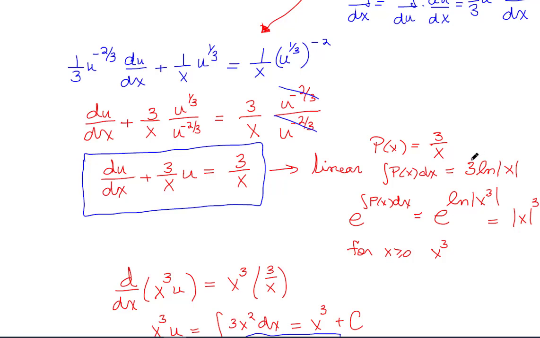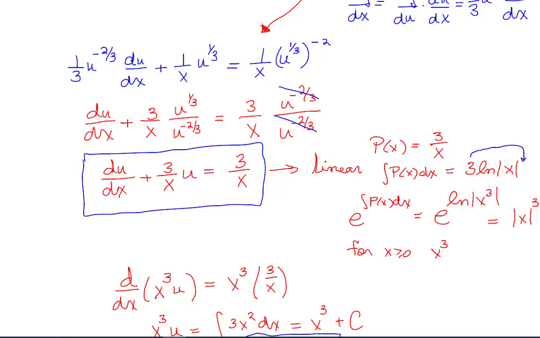Now I'm going to take the 3, push it back up on the x from our properties of logs, and I get the absolute value of x cubed. Now way up here in the beginning we divided by x, so I have to stay away from 0 for x. So we're looking at x's simply bigger than 0, and so this absolute value can go away.